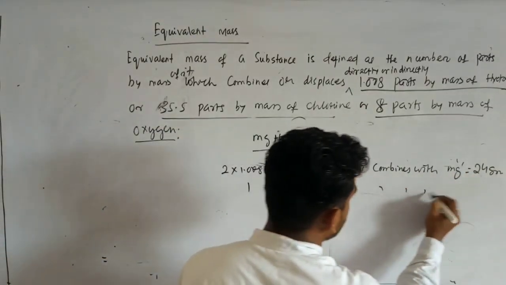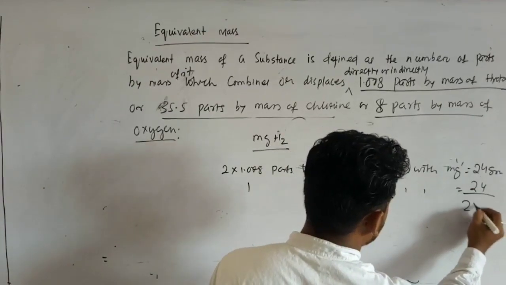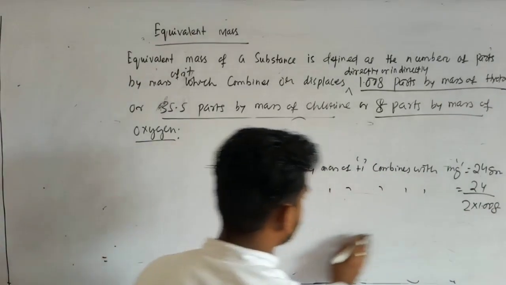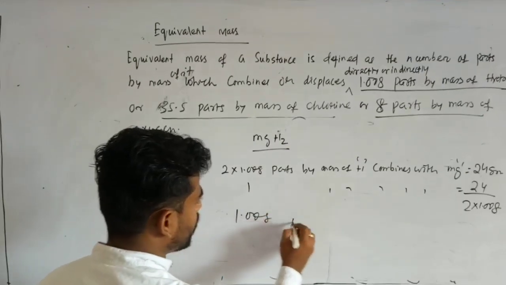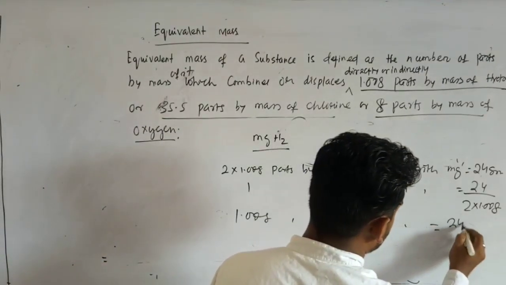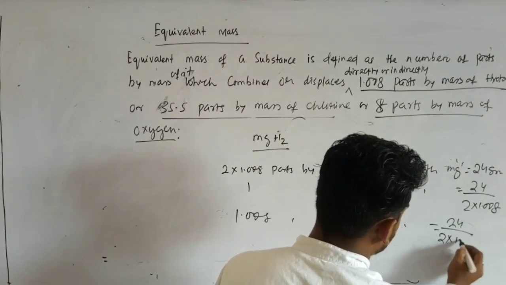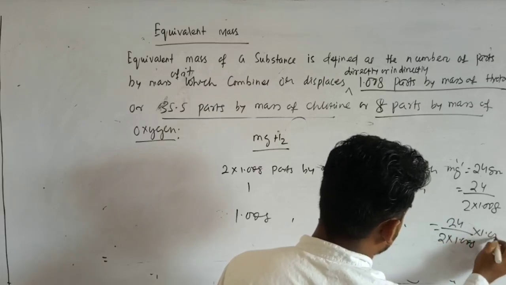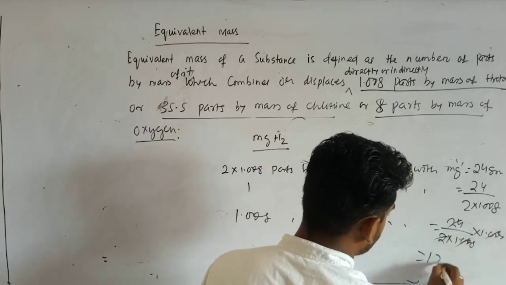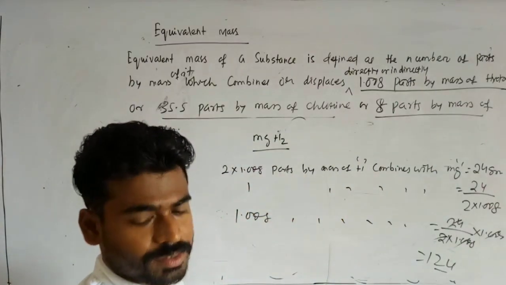So 24 by 2 into 1.008. So 1.008 parts by mass, that will be the respective equivalent weight you are getting over here. Okay, so that will be easy.